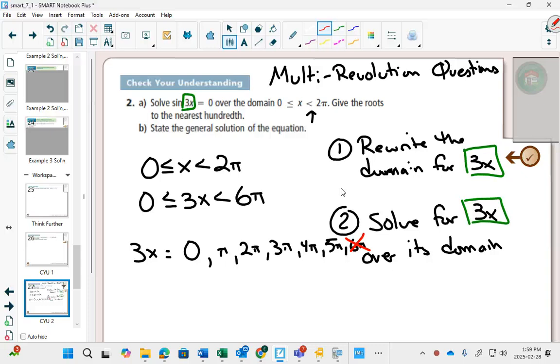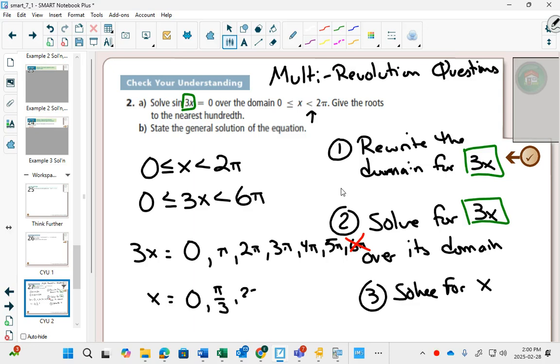But the question didn't ask us to solve for 3x. What variable do we have? We have x. So now step 3, now we can solve for x. Well, how could I get x by itself? I'd have to divide by 3 or multiply by 1/3. So each of these answers has to get multiplied by 1/3 or divided by 3.